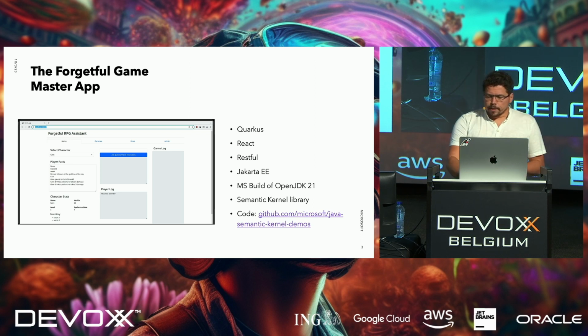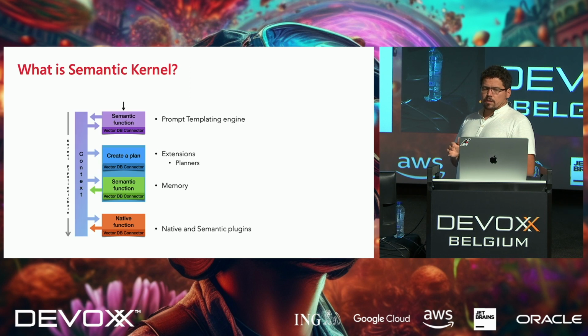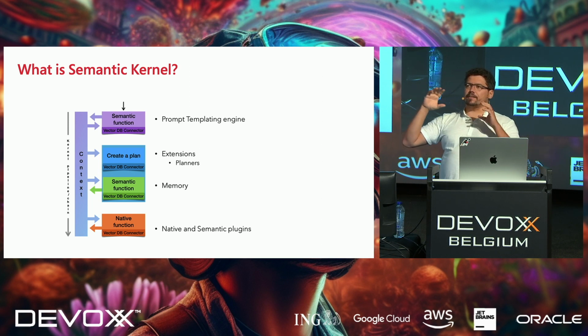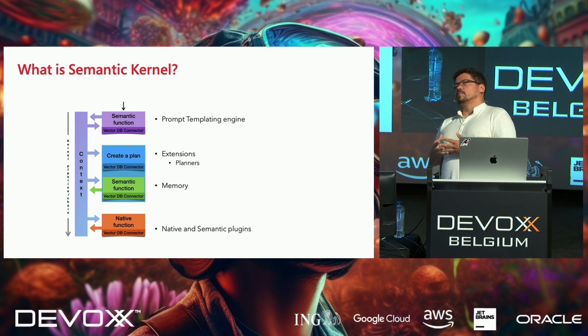So before we dive into the code, briefly, what is Semantic Kernel? This library contains several components. But basically, it gives you the ability to abstract not just the prompts, but also the skills, the capabilities, and the memories that your application may need to execute those prompts.